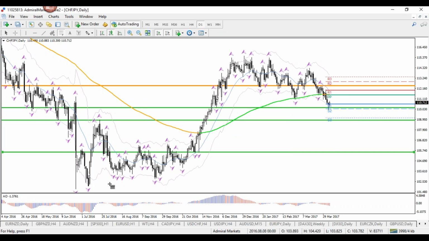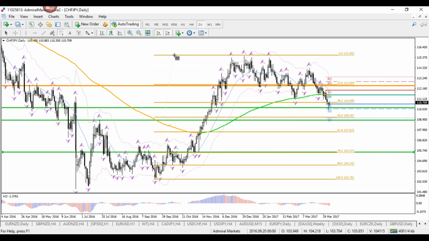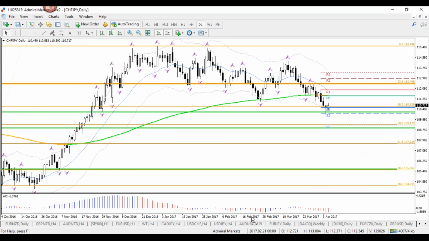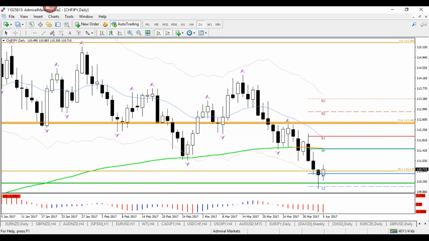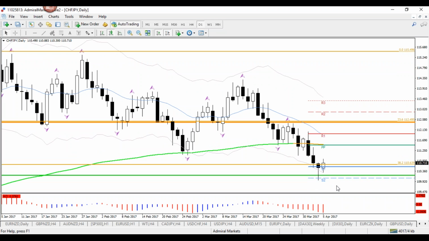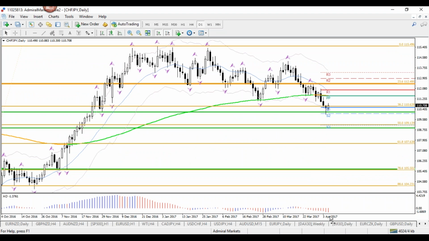We can also add a fib, perhaps. We can think about using this swing high, swing low. All right. And we see that the Swiss yen had a daily wick to the S2 and a green line. This was the first approach to that level.